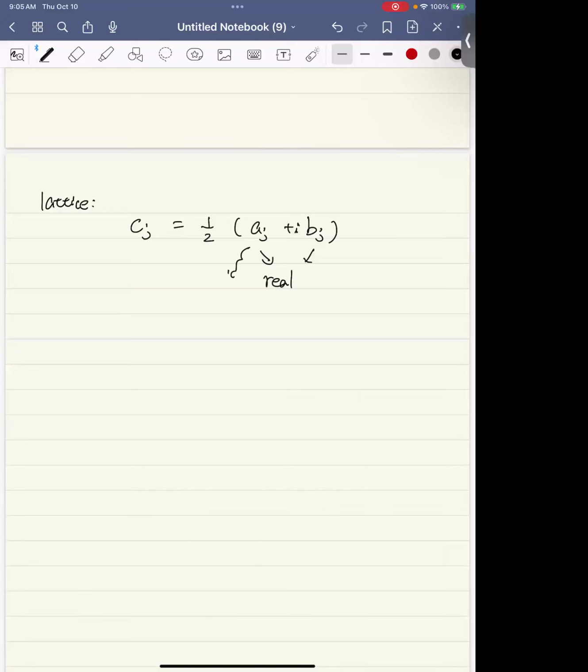So a_j will eventually flow to the continuum left-handed Majorana-Weyl and the right-handed Majorana-Weyl for A, similarly for B. And if you write the Hamiltonian in terms of A and B instead of c_j, you find this.